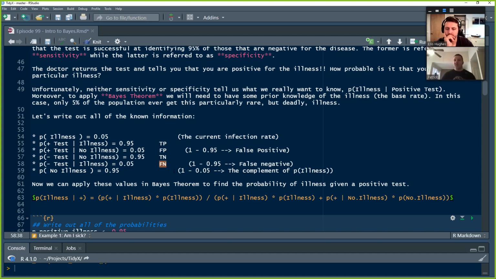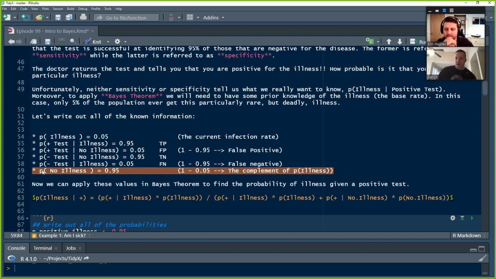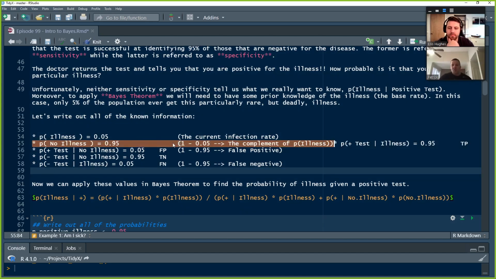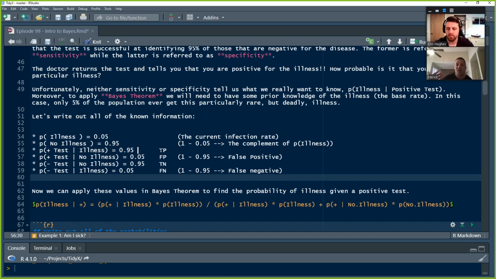So this time we said, hey, don't worry, you're not sick, when you actually were. And then the complement to our probability of illness: if the prevalence is 0.05, then the probability of not having this illness is 0.95. So 1 minus, that's the complement. So now we know all this information. Let's return to that Bayes formula, and then we'll code it up.